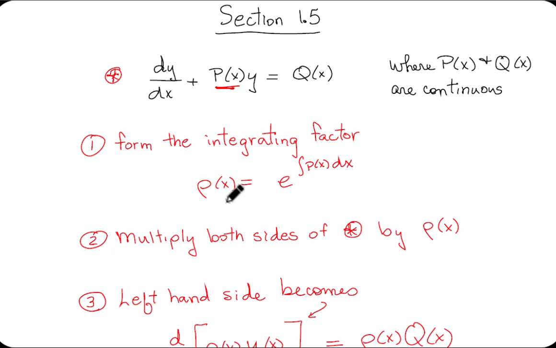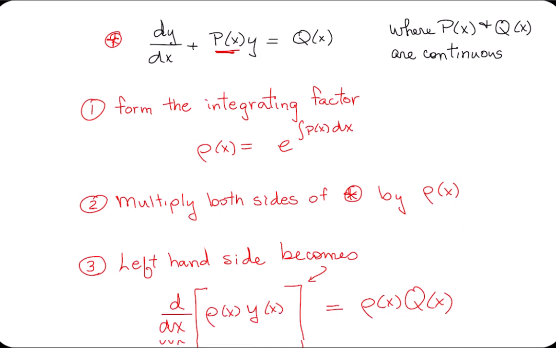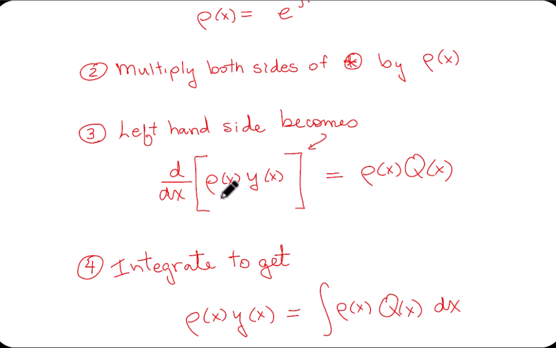Well, if we multiply both sides of the differential equation by this integrating factor, the left-hand side, when you look at it in the right way, is really just the derivative of your integrating factor times y. If it's the derivative of this thing, then we can get our hands on it by simply integrating both sides.